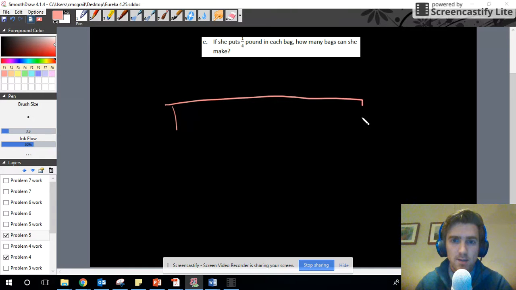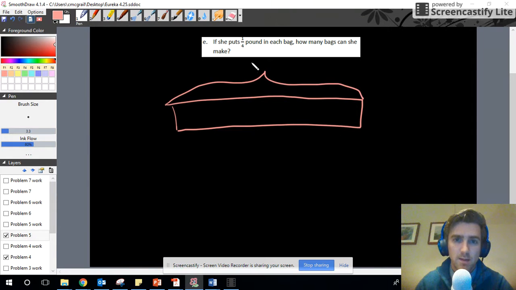Again, she still has a 2 pound bag of pecans. At this point, you should have 5 tape diagrams drawn. So go back, make sure that this one here is your 5th one, because I'm on problem E. If she puts 1/4 of a pound in each bag, how many bags can she make? Well, I'm going to split it into 1 pound and 1 pound.